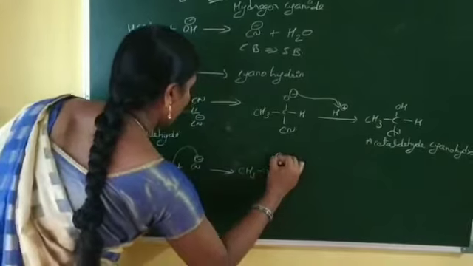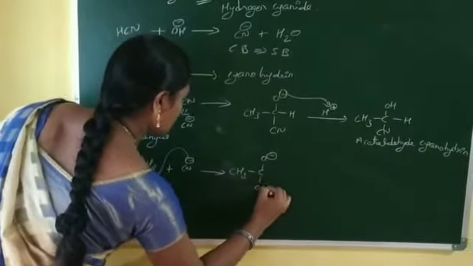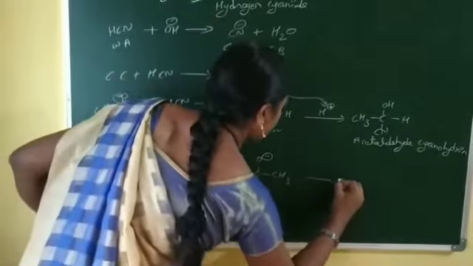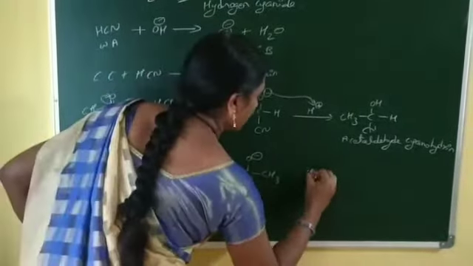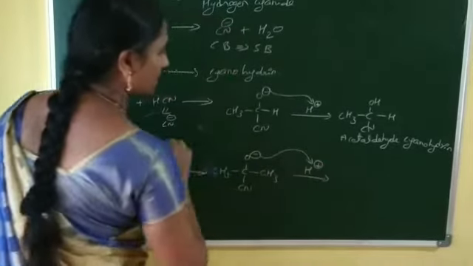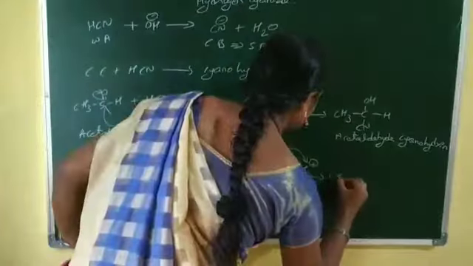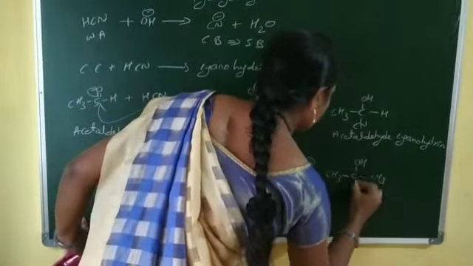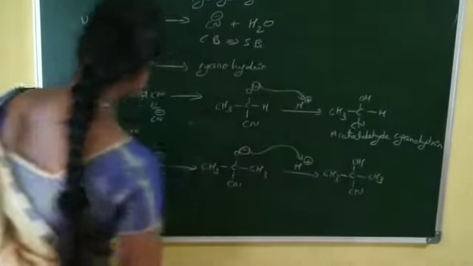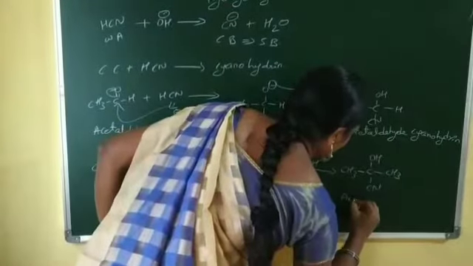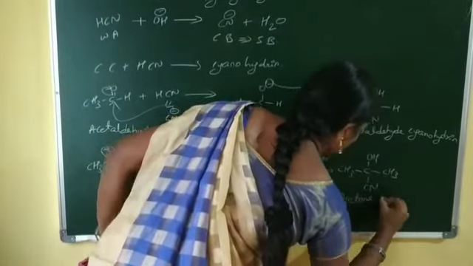C, O minus, and the cyanide bond is the new bond formed, and also CH3. Now this oxyanion is treated with an electrophile like H plus. This O minus abstracts that H plus to form OH, giving the cyanohydrin. The cyanohydrin name depends on the reactant. That reactant is acetone. The name is acetone cyanohydrin.